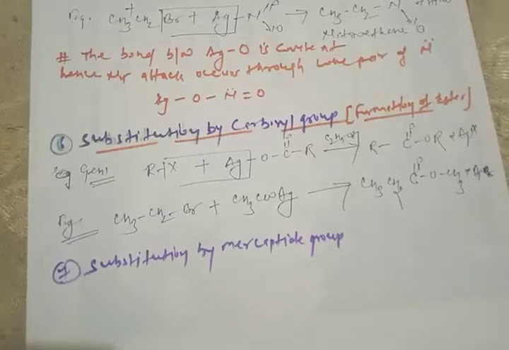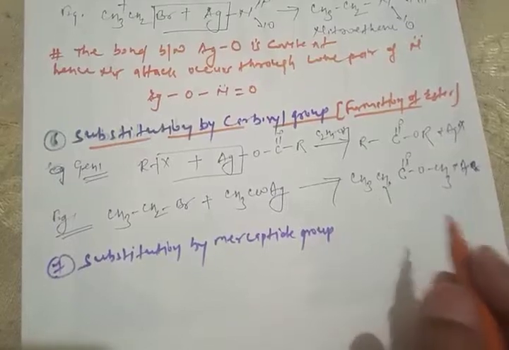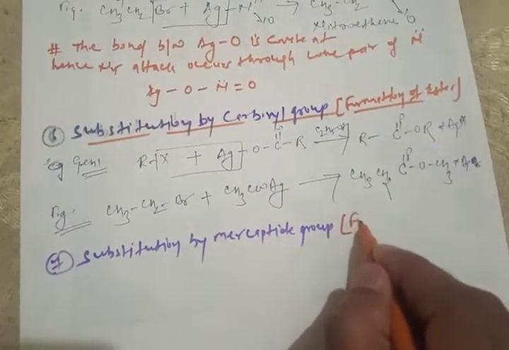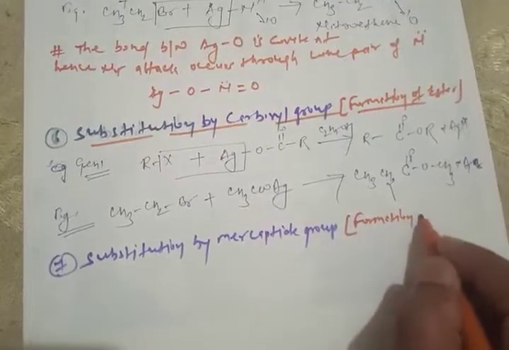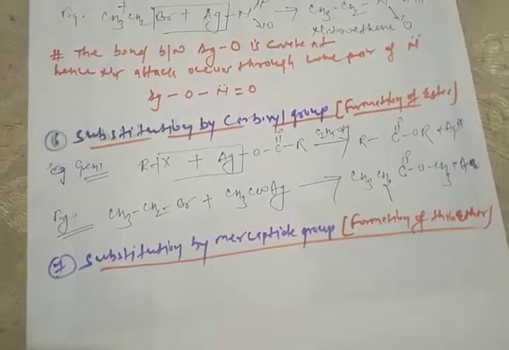Mercaptide is a very new one, I think. And what will we get here? Formation of thioether. You know that ethers, so this is thioether. Okay, so let's talk about this reaction.